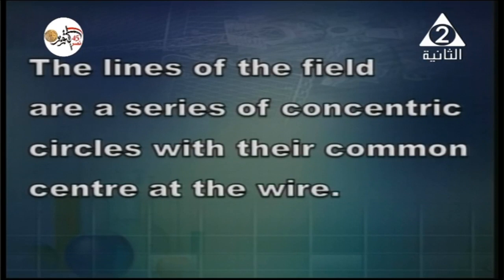The lines of the field are a series of concentric circles. Concentric means they've got a common center, and the center is the wire itself.